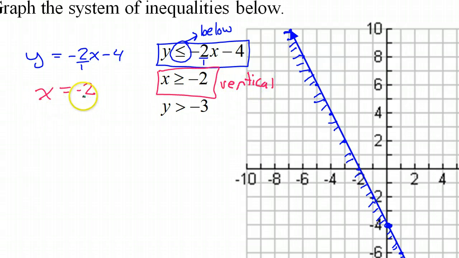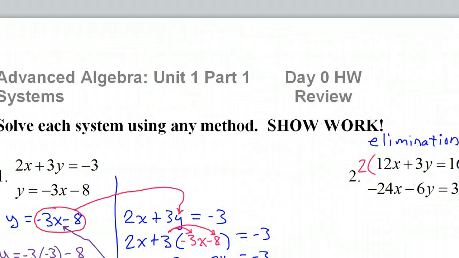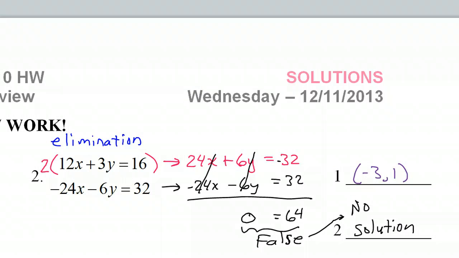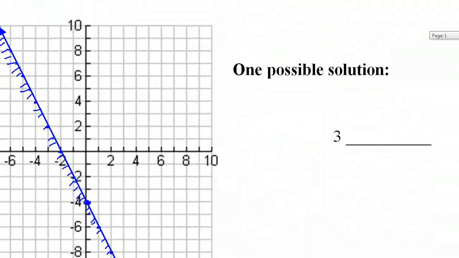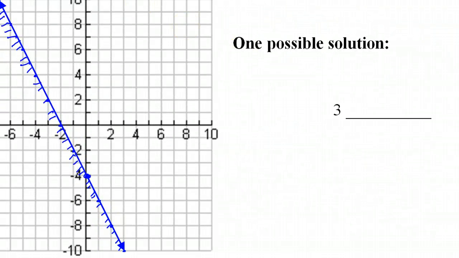Alright, look, x equals a number is always a vertical line because all of the x's will have x values of -2. So we will draw a vertical line at -2. Okay, so that would look like this. Alright, there's a vertical line at -2.